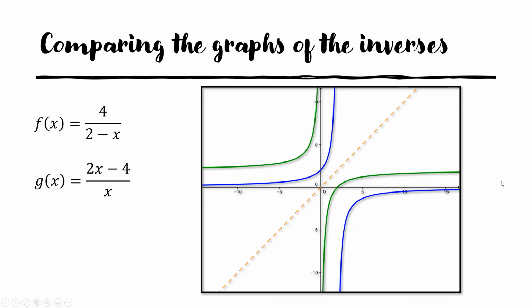And the blue one below the x equals y is actually the green one above the x equals y. So in other words, when we graph a function and its inverse, we could say that the graphs are symmetric along x equals y.